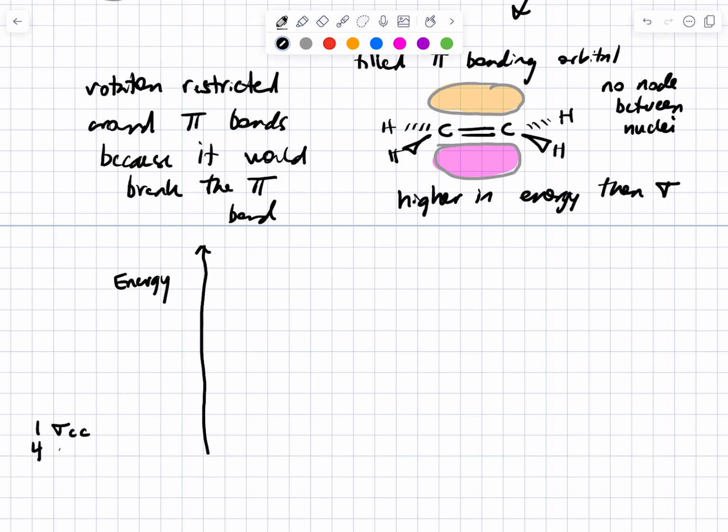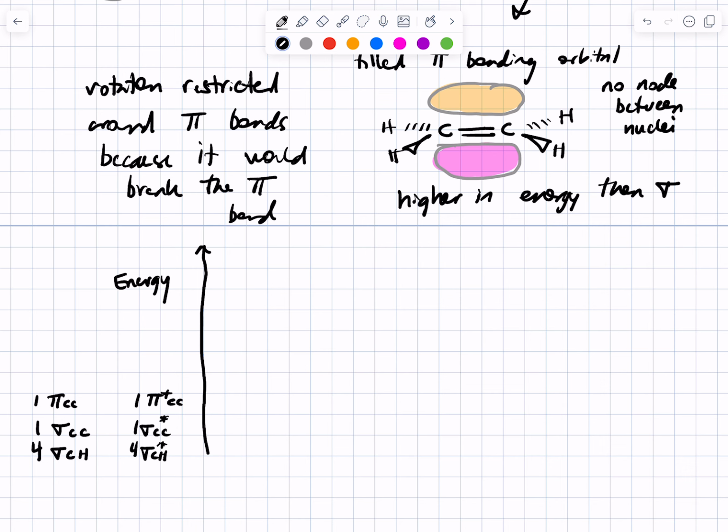We have 4 carbon-hydrogen sigma bonds. That means we're also going to have one carbon-carbon sigma star antibonding orbital and 4 carbon-hydrogen sigma star antibonding orbitals. Then we have one carbon-carbon pi bond and therefore one carbon-carbon pi star antibonding orbital.